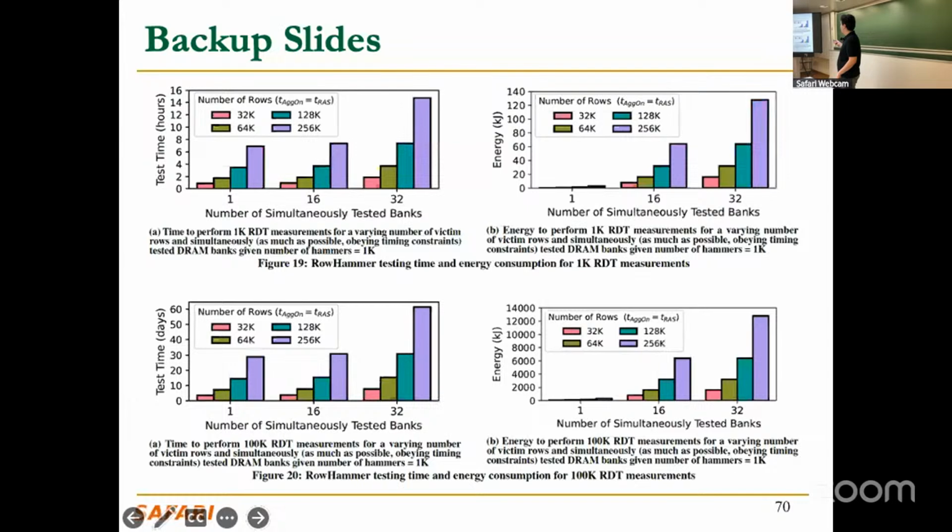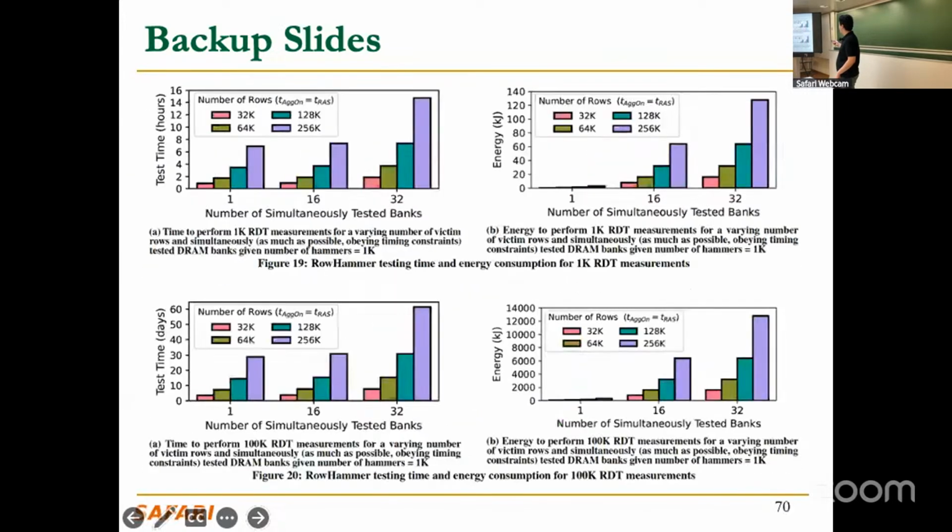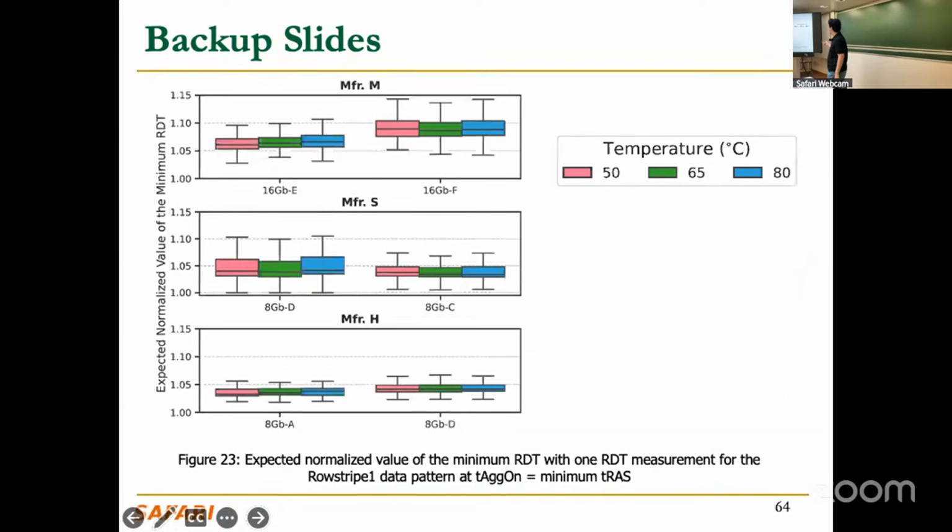Maybe they just have this one. So this one considers the expected normalized value of the minimum threshold with one threshold measurements for the row side data pattern. They try to fix the other parameters and vary the temperatures across the test runs here.